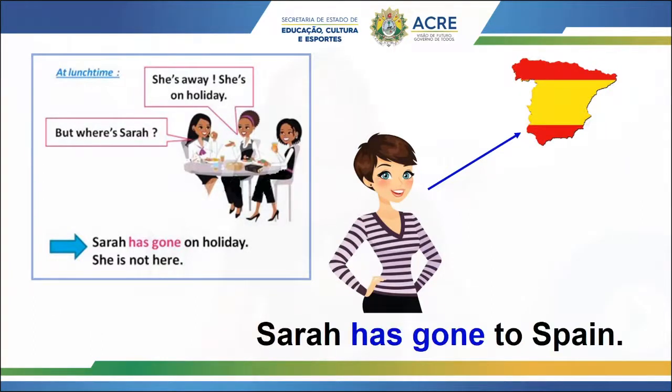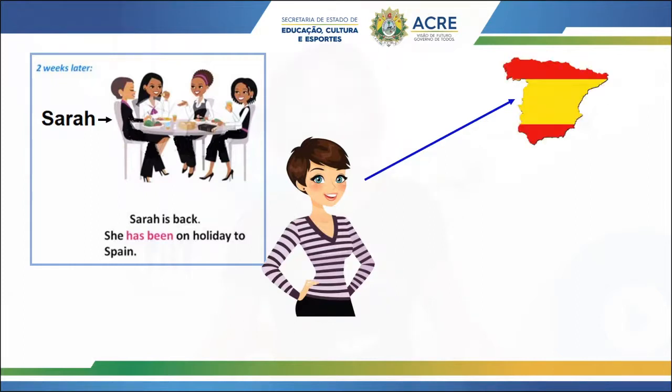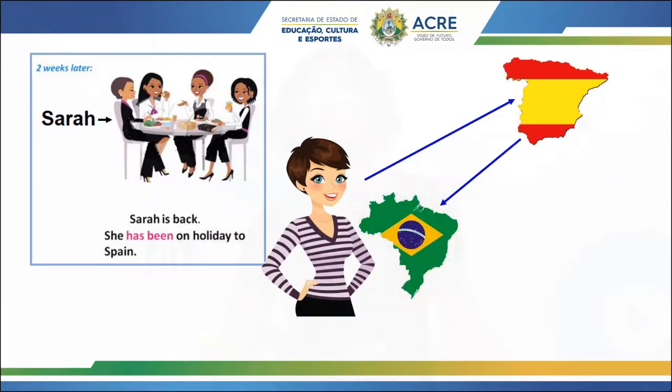Then I can say Sarah has gone to Spain. 2 weeks later, Sarah is back. Sarah has traveled to Spain, and Sarah has already returned to Brazil. She is here in Brazil now. Then I can say Sarah has been to Spain.